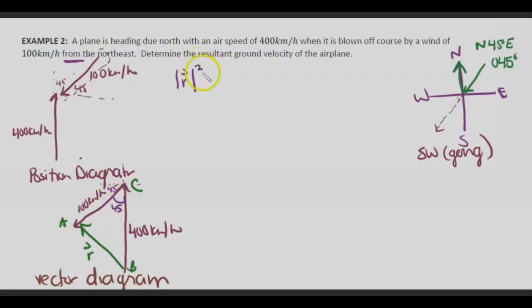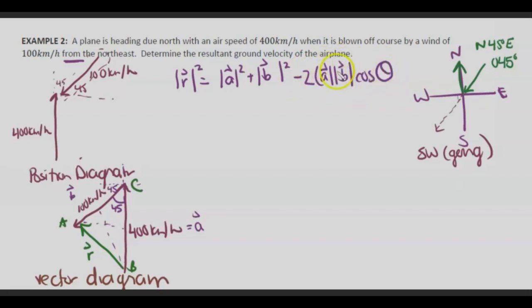So vector r squared, which is c squared, is going to equal vector a squared plus, we'll name this one vector b, the magnitude of vector b squared minus 2 times the magnitude of vector a times the magnitude of vector b cos theta, or we can say cos c.